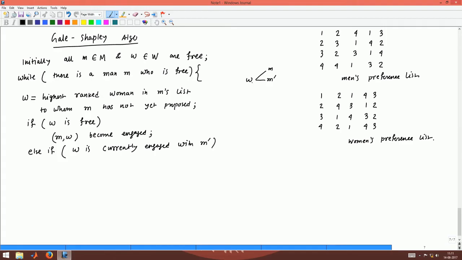So, what she will do is that she will see who is higher in her preference list. Okay.